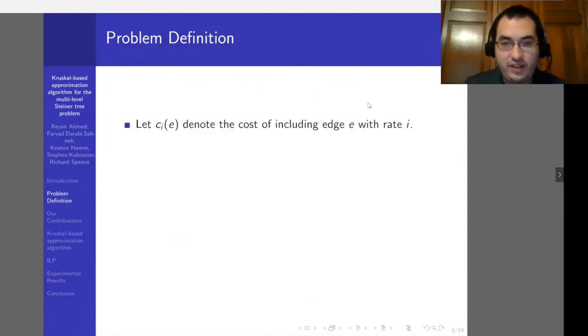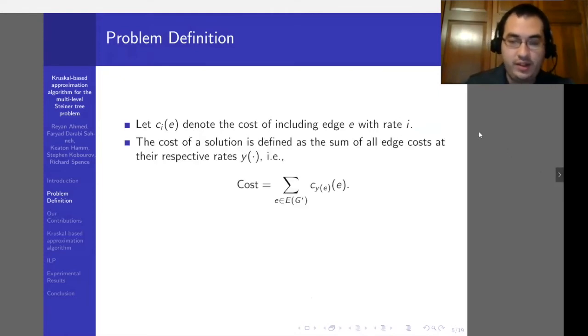How do we define the cost of a candidate solution? We'll start with a more general definition. We'll define an arbitrary cost for including each edge with rate i, denoted by c sub i of e, and we define the cost of a solution to be the sum of all the edge costs at their respective rates in the tree.